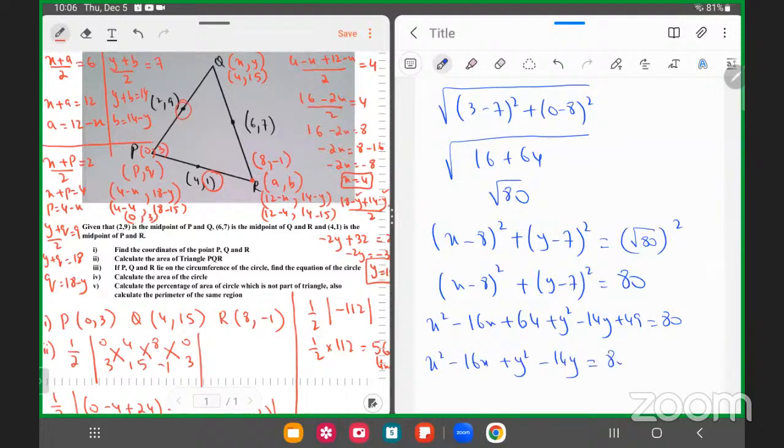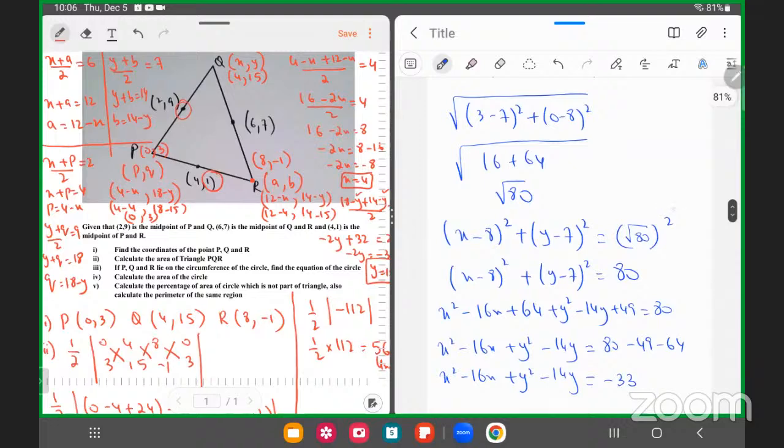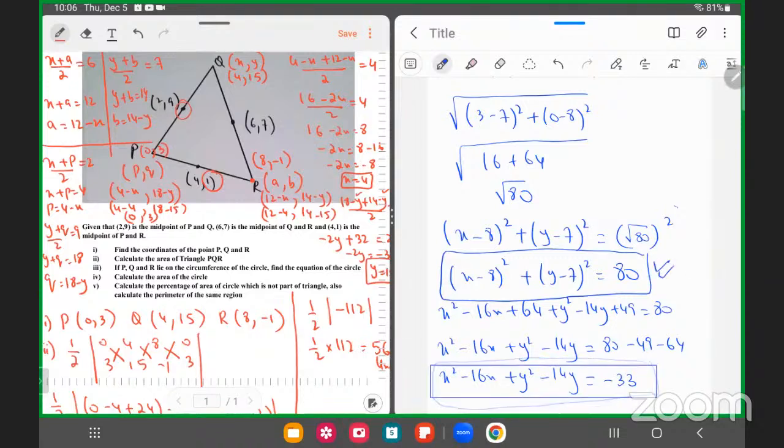So x squared minus 16x plus y squared minus 14y is equal to 80 minus 49 minus 64. That is minus 33. So it's our choice whether we leave the answer here or we leave the answer here. This is solely our choice. So we have found the equation of the circle.